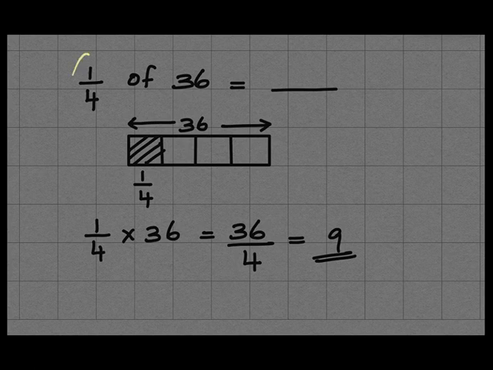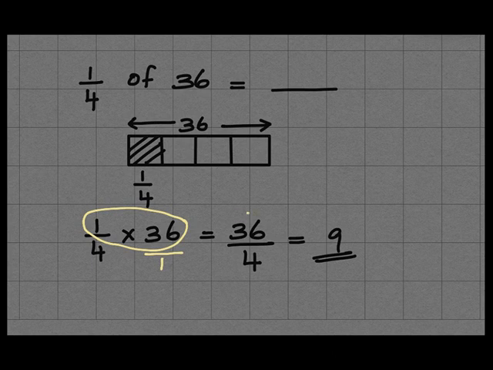So the next question is 1/4 of 36. Generally we just take off this word "of" and make a times sign. So 1/4 times 36 equals, we multiply the numerators, thinking that there might be a 1 as a denominator.